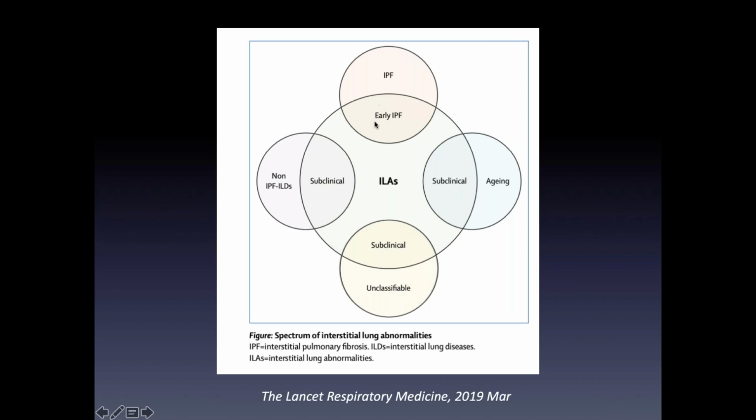It can be an early phase of IPF if we have time to observe the development of the full-blown IPF. But when we don't have fibrosis, it can be a subclinical manifestation of other non-IPF ILDs, mainly smoking-related ILDs, or a subclinical manifestation of an unclassifiable ILD.